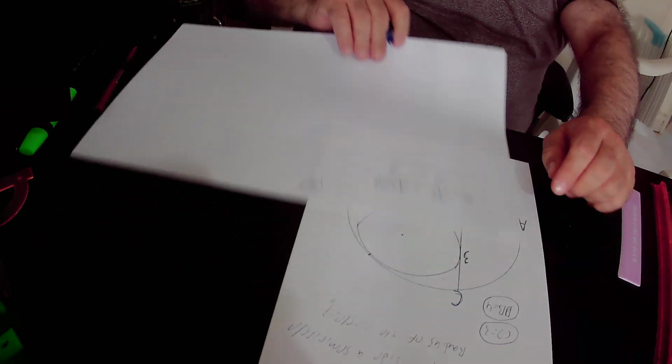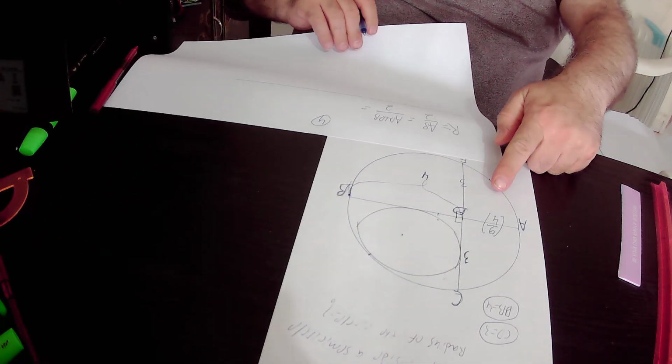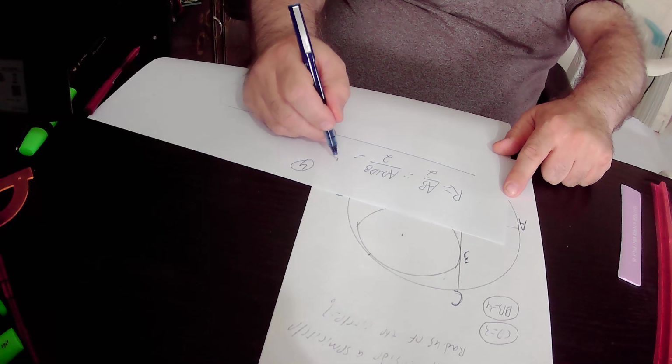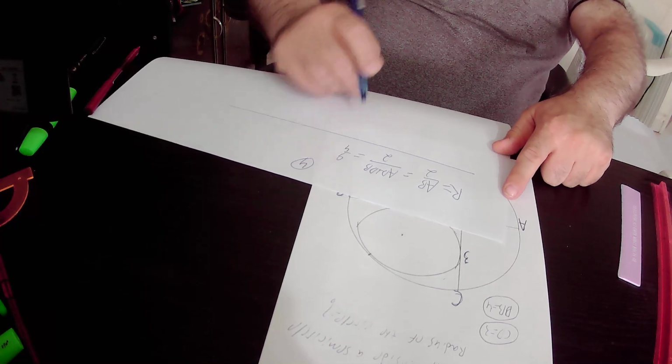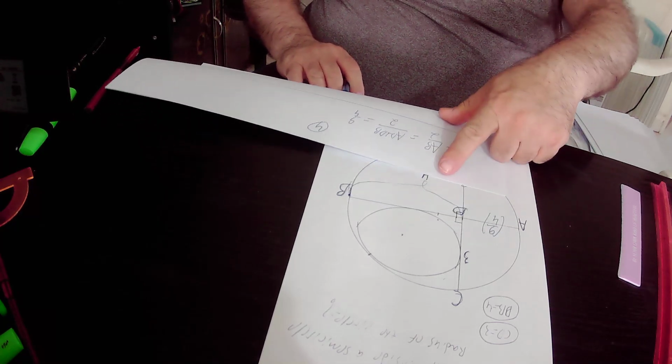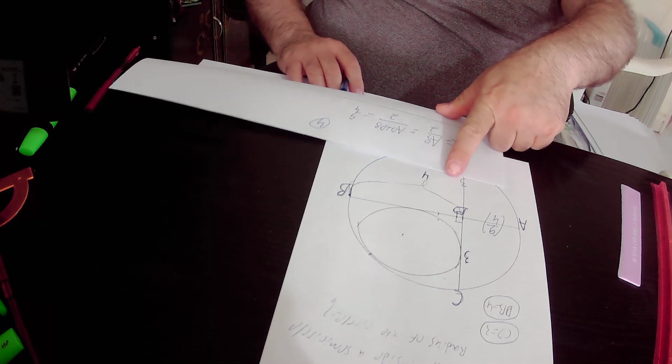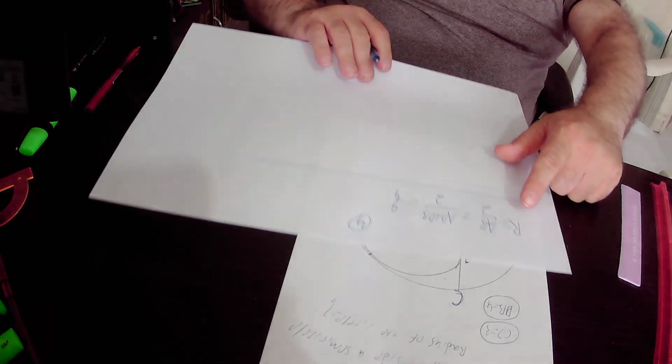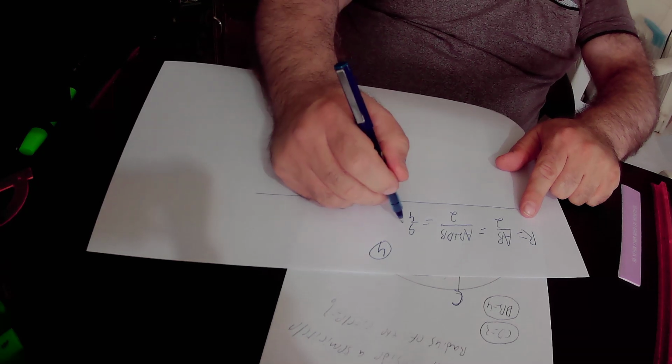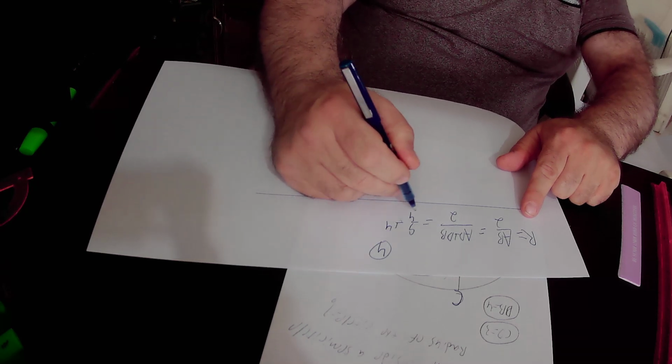But we have already found out that AD equals 9/4, so we substitute AD by 9/4, and it is given in the question that DB equals 4 units, so we substitute DB by 4, all divided by 2.